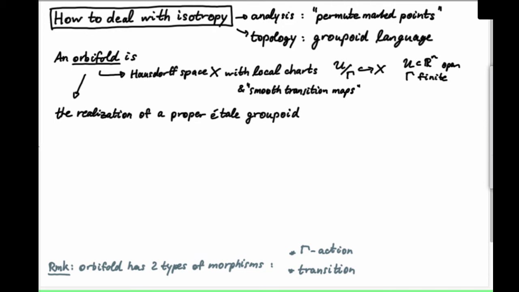And now here's the large-scale philosophy of what one does. So when I say isotropy, we always mean non-trivial isotropy. So in the world of analysis, the non-trivial isotropy always comes with failure of injectivity of your map.